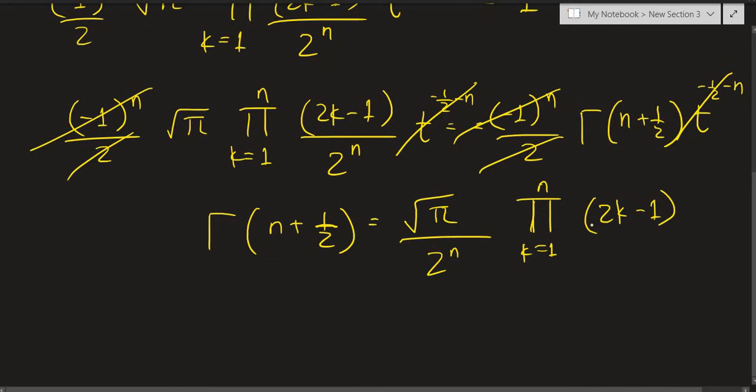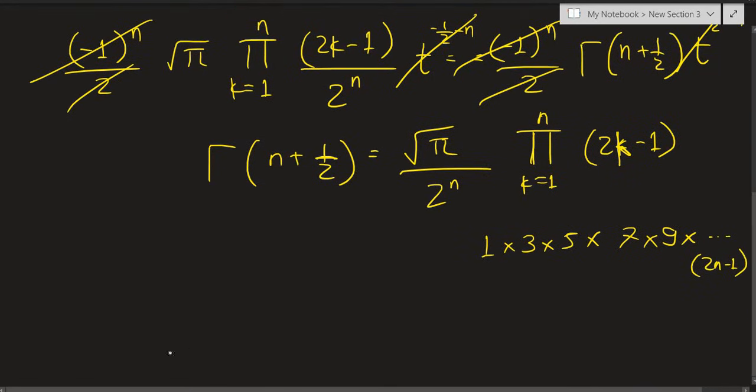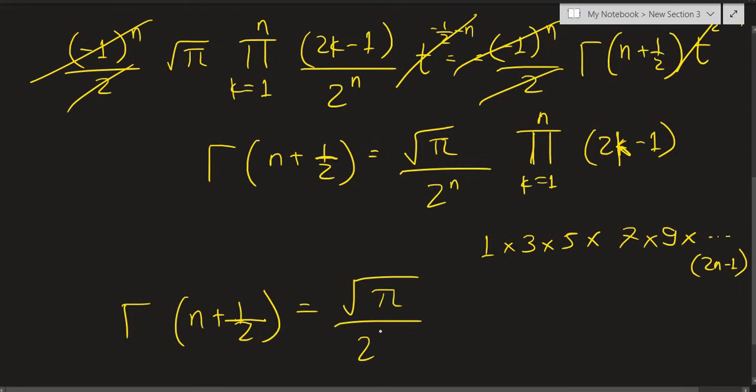And let's remember what this product was. It was the product of all odd numbers till the nth odd number, which was 2n minus 1, right? When k equals n, that's the nth odd number. So it was essentially 1 times 3 times 5 times 7 times 9 till say 2n minus 1, right? And there is a pretty neat notation to represent this. This is almost a factorial, but it's not exactly a factorial. It's like a semi-factorial.